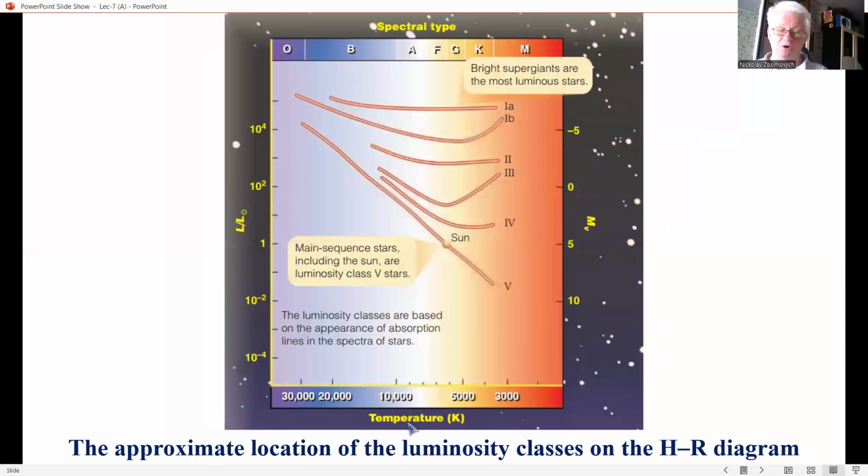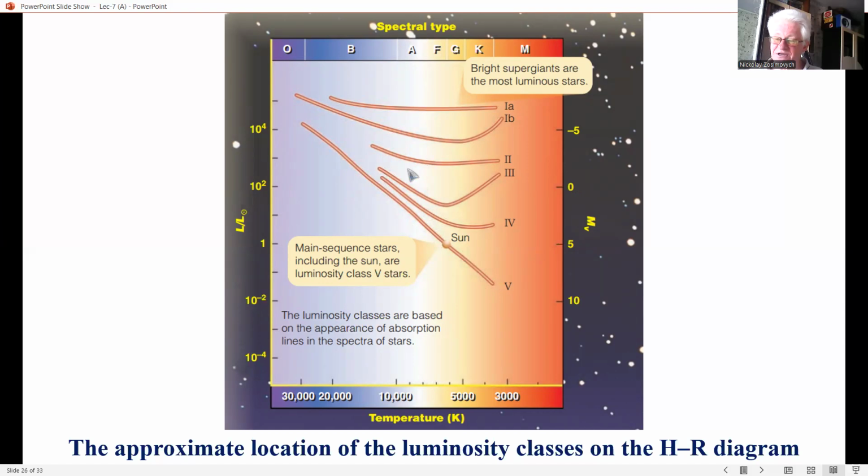The large size of the giants and supergiants means their atmospheres have low densities, and their spectra have sharper spectral lines than the spectra of main sequence stars. In fact, it is possible to assign stars to luminosity classes by the width of their spectral lines. Class 5 are the main sequence stars.